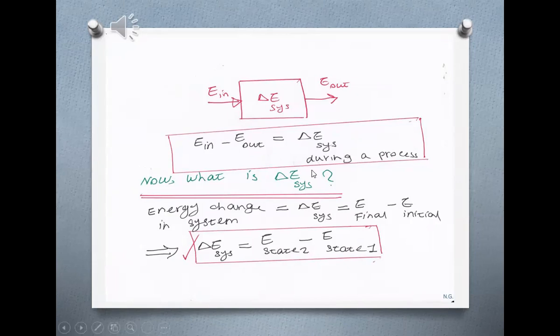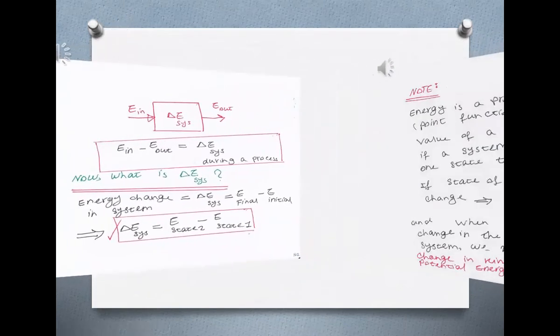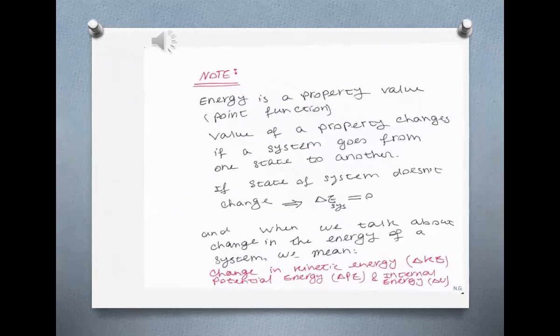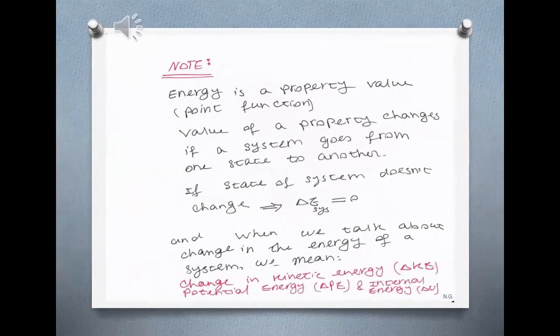Or we can measure it this way: energy of the system at state 2 minus energy of the system at state 1. That is the change during this process that takes the system from state 1 to state 2. I mentioned that energy is a property, a point function, a property value. When you go from one state to another, the energy changes.